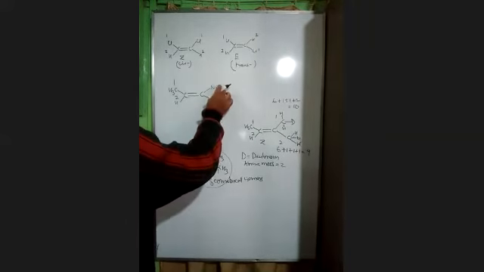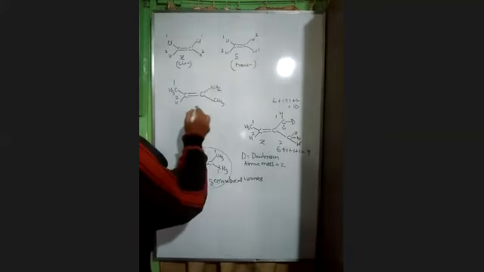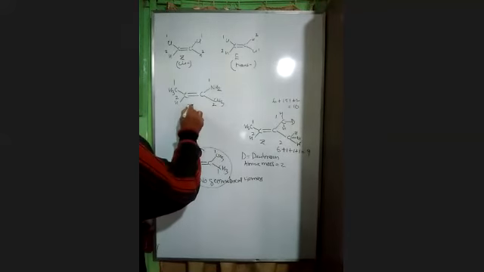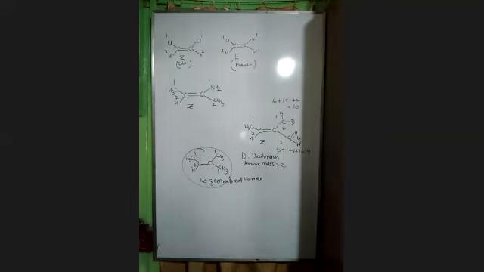So obviously I will not bother, because I have to find a difference between them. Until the difference we find, we will not stop. So in this case, you find it is 7 and it is 6. So it is 1 and this is 2. Okay, so this is the Z isomer.